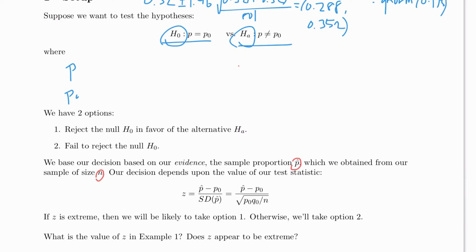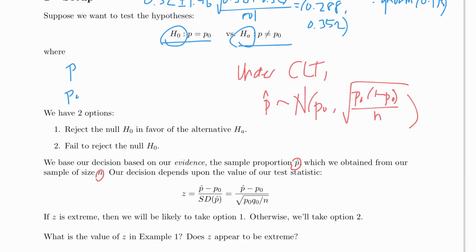So under the central limit theorem, we determine that p hat follows this specific normal distribution, which is the same thing that you've seen before when we first talked about sampling distributions, except now we are plugging in P naught for P. Because remember, our assumption is that the null hypothesis is true. Okay, so now that we have this in mind, it's straightforward for us to compute a z-score corresponding to an observed p hat.